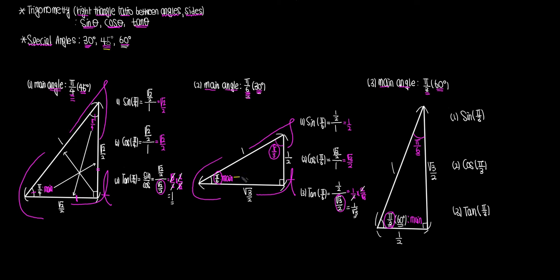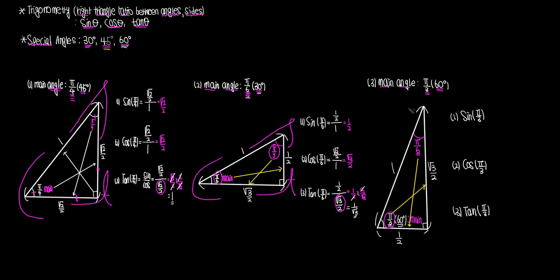The side where the pi over 6 is facing, the opposite side for the pi over 6, should be 1 over 2. So again, in this triangle, the side that is opposite pi over 6 must be 1 over 2. And the side where the pi over 3 radian is facing must be square root of 3 over 2.